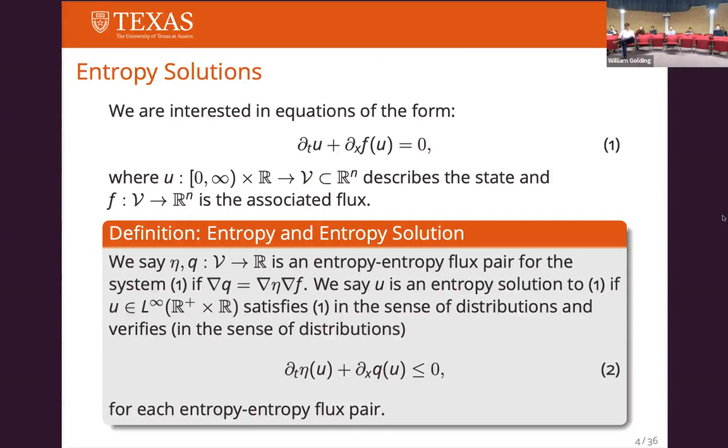I do want to mention, though, if you're not familiar with compressible fluid mechanics, 1D fluid mechanics sounds very strange, and why are you doing this? So the reason is there's two main difficulties for equations of this form.